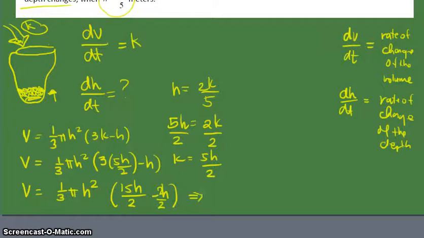And if I simplify this further, V now is 1/3 pi h squared times 15h over 2 minus 2h over 2, which will become 13h over 2. And finally, V is equal to 1/3 times 13 over 2, that's 13 over 6 with a pi. h squared times h will be h cubed.